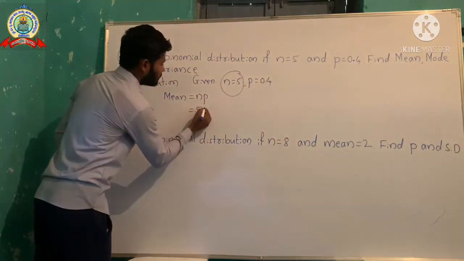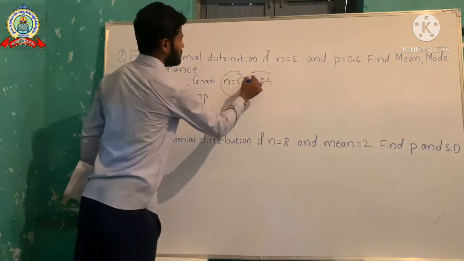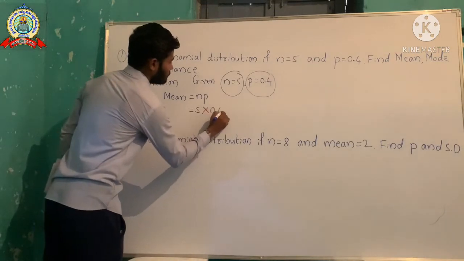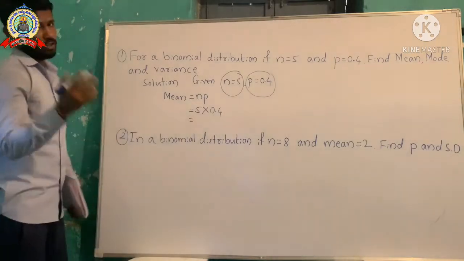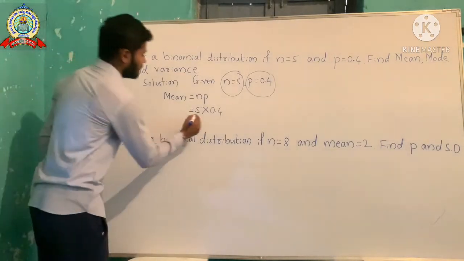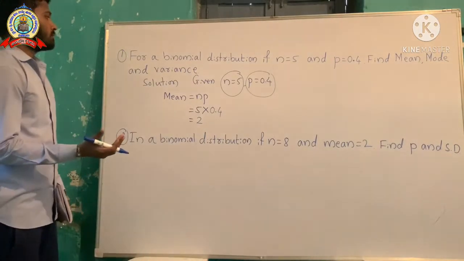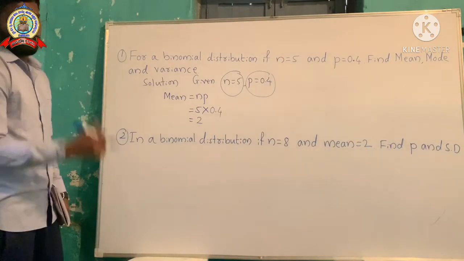So 5 into, what is the p value? The p value is also given in this problem. So that is 0.4. The product of 5 and 0.4 is 2. So we have found the value of the mean of a binomial distribution.